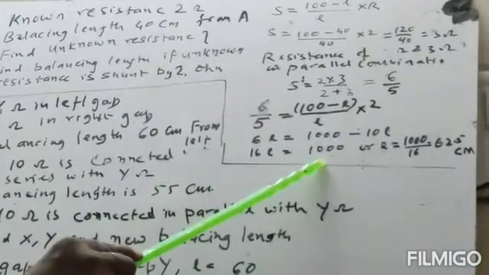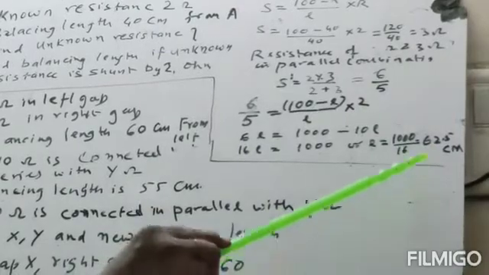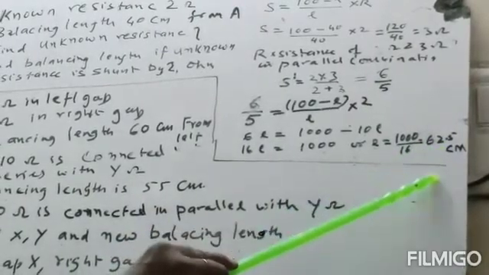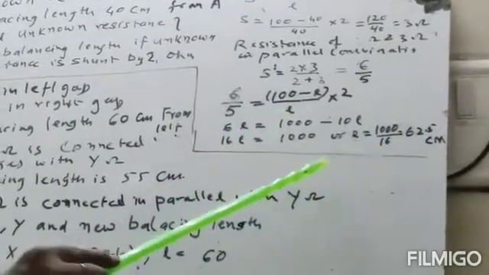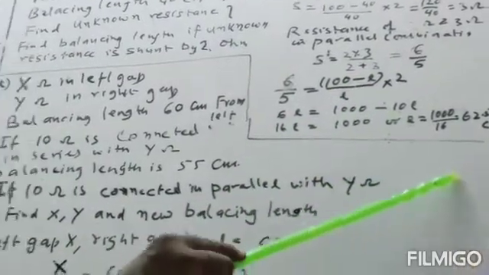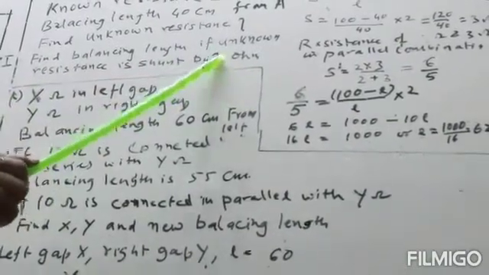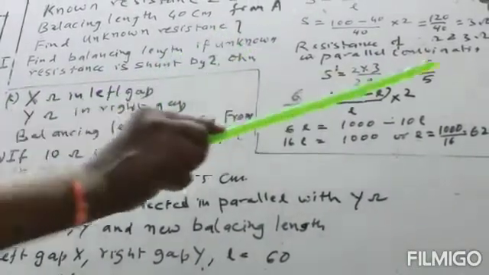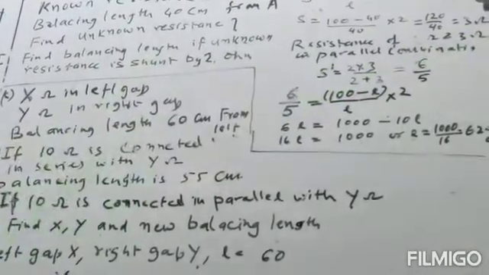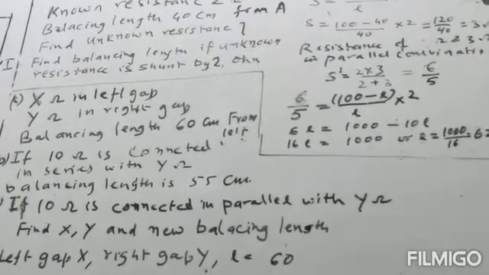We put it there, then 16L will be equal to 1000, or L will be equal to 1000 by 16, that is equal to 62.5 centimeter. So the new balancing length will be 62.5 centimeter when the 2 ohm resistance is shunted across the unknown resistance, which was 3 ohm. Now we take another problem for the meter bridge.